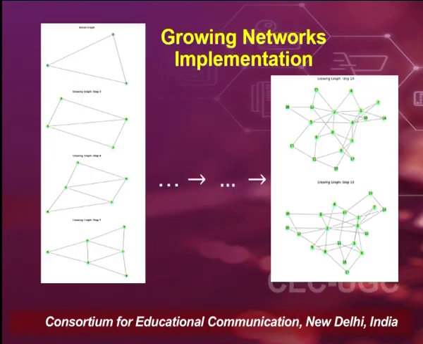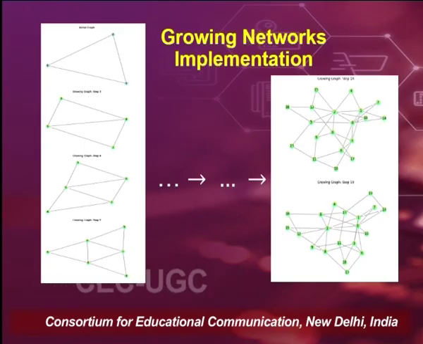When you execute this code, you get this kind of output. We start with a 3 node network, then gradually 1 node is added with 2 more connections, another node is added. This keeps on going, and finally you can see that at the end you get a big network with all those 20 nodes that we wanted to reach.